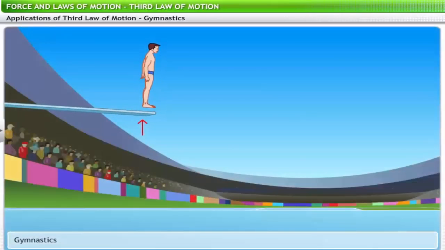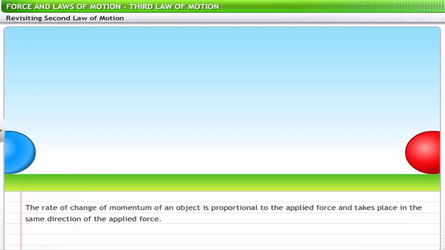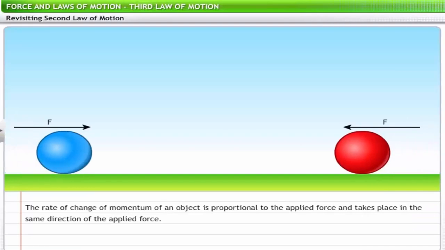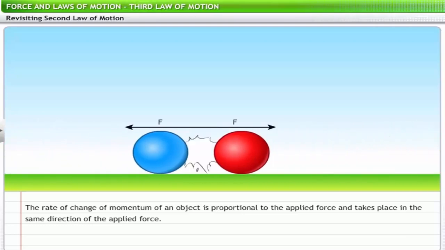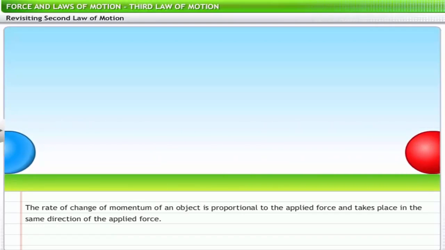The reactive force enables the gymnast to jump higher. This shows that every action force is matched with the reaction force, which is equal in magnitude and opposite in direction. In the third law of motion, you see two equal forces acting simultaneously against each other on two objects, when an event such as collision occurs.